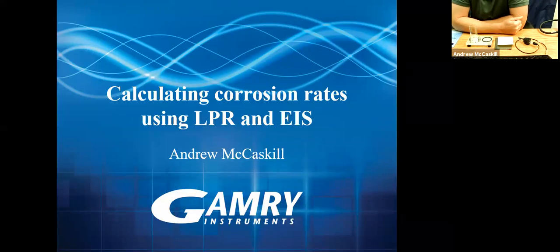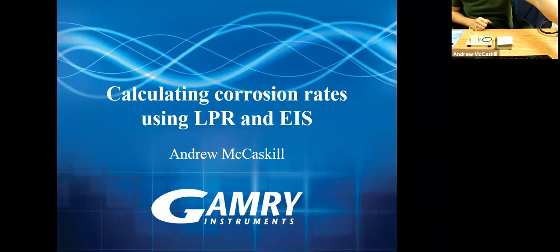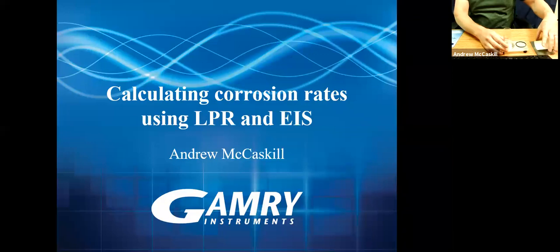There are 2 different techniques, but the actual experiment isn't too different from one another. Both involve making a small perturbation relative to the open circuit potential and monitoring the current. They're 2 different experiments, and hopefully we can converge on a similar result for polarization resistance.